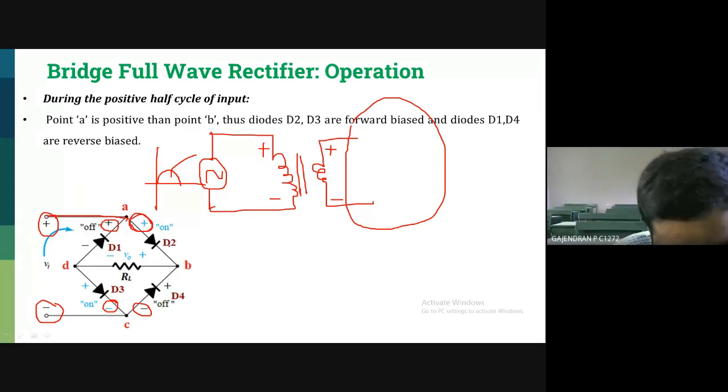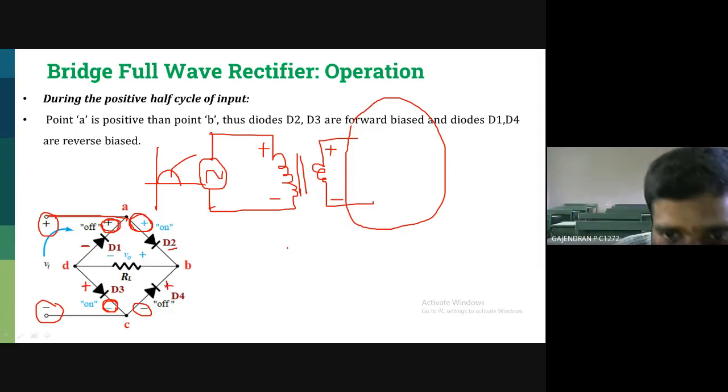That we will specify with the terminal notation of negative. Similarly, for D1, since it is positive, this will be what? Negative. Similarly, for D3, இது negative ஆ இருந்தா இது என்னவா இருக்கும் சார்? Positive. For D4, இது negative ஆ இருந்தா இந்த terminal என்னவா இருக்கும்?